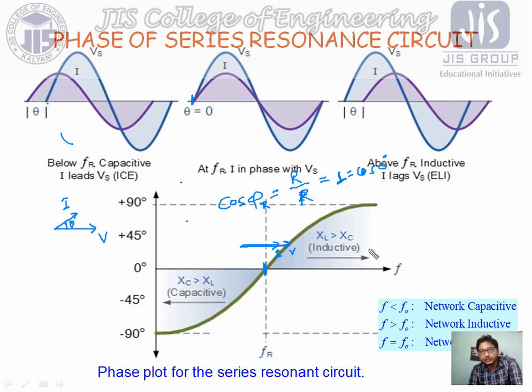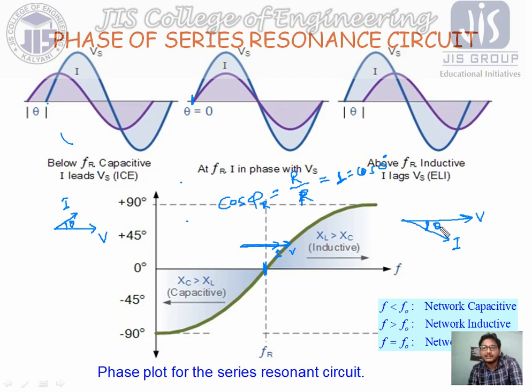Similarly, in the case of the inductor, we know the inductor tries to lag the current. So if this is our voltage V, the current starts its journey after an angle theta, which means the current I lags by an angle theta.